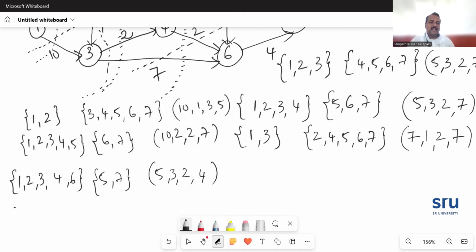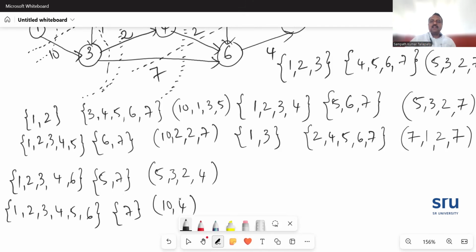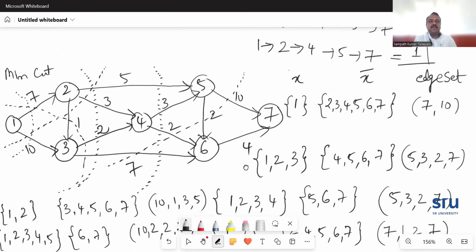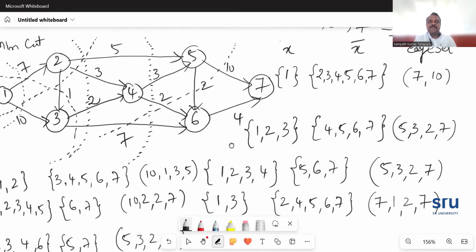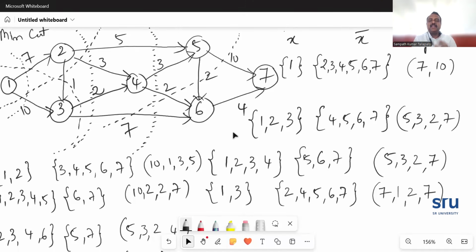And I can also cut as 1, 2, 3, 4, 5, 6 in one set, and 7 in the other set, and the value will be 10 and 4. So these are the different combinations by which I can cut your connected graph. Now we'll go ahead and see how exactly the min cut algorithm works. Very interesting thing now.